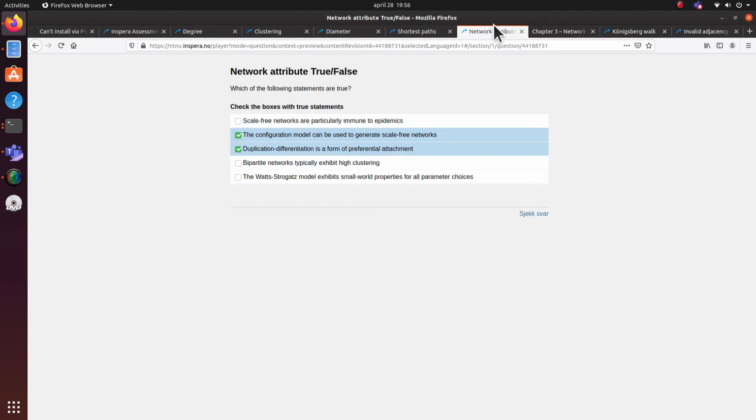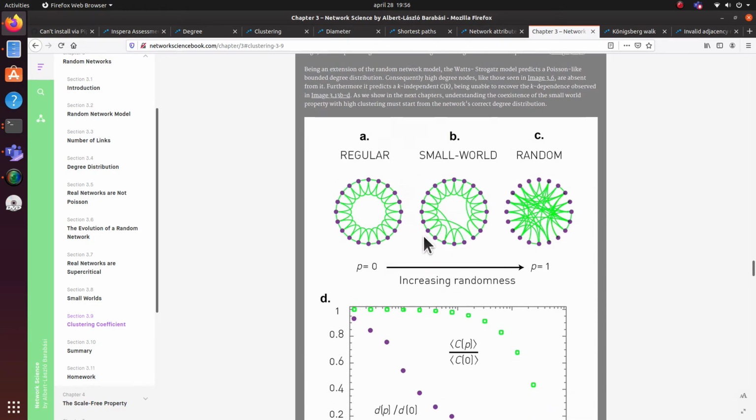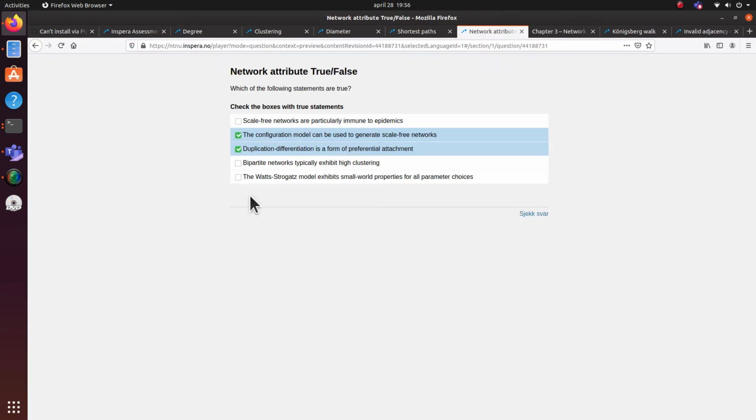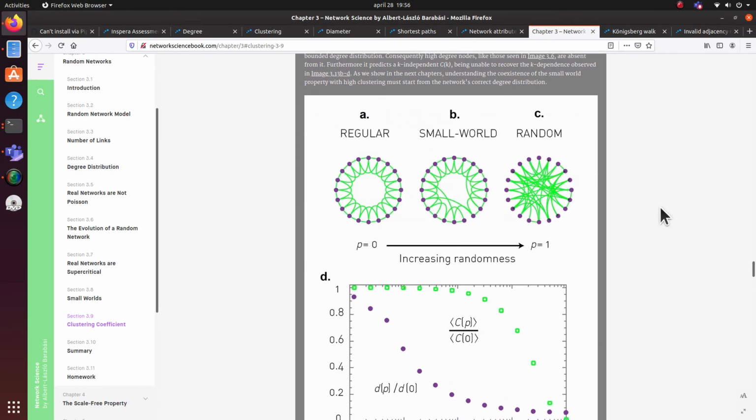But so typically Watts-Strogatz models do show small world properties, but the framing of the question is: does it show small world properties for all parameter choices? And by any technicality, p equals 0 is a valid parameter for a Watts-Strogatz network. This would still be a Watts-Strogatz network with p equals 0.